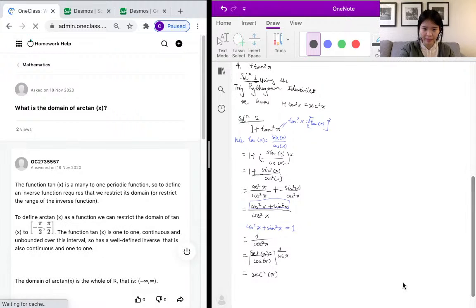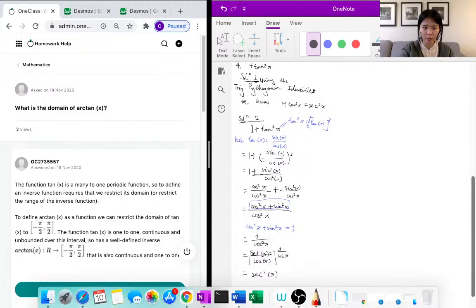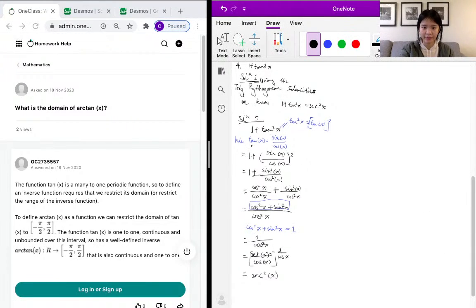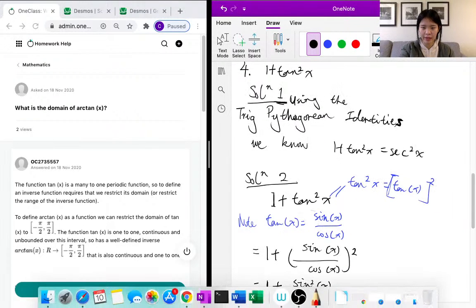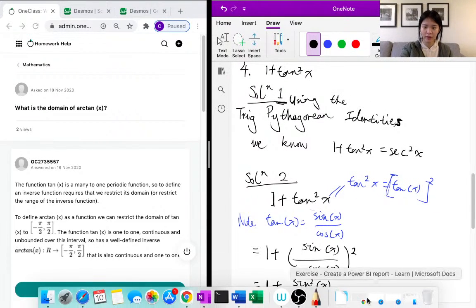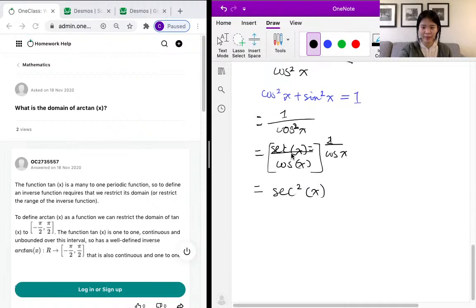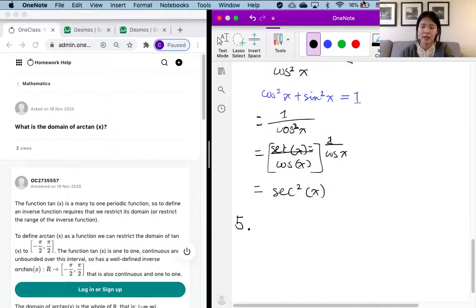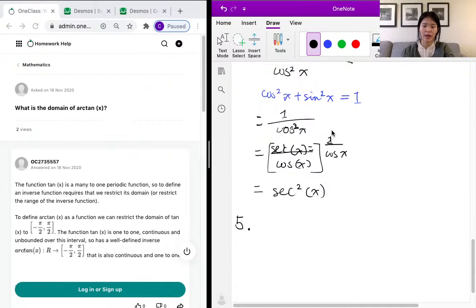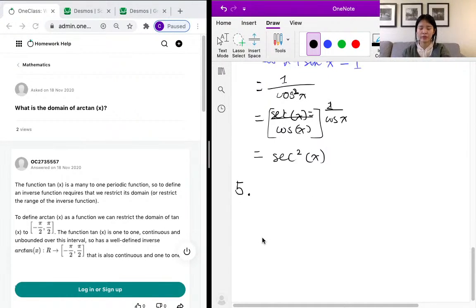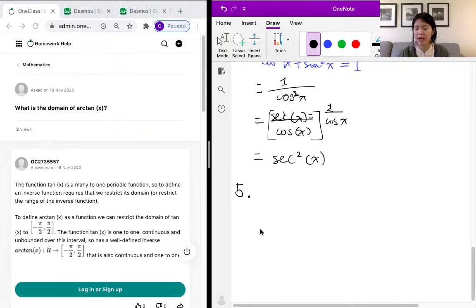Okay, our next problem asks us, what is the domain of the arctangent function? Now, this is actually a trick question. It has a couple of tricky parts to it. I guess you can have all the domains and ranges of the trig functions memorized, but if not, let me try to walk you through how to find the domain of arctangent of x from the beginning.